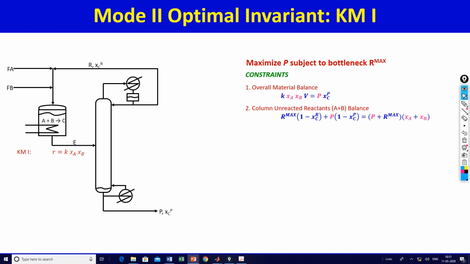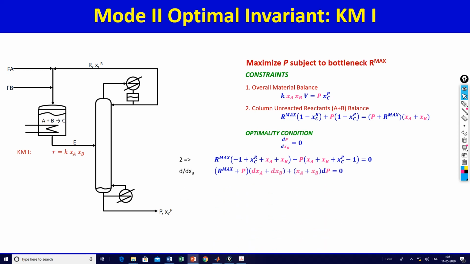So in this case you have P, xA and xB as variables, and we do the same thing as previously, except that here dP/dxB should be equal to 0, the optimality condition. Differentiate constraint 2, the unreacted reactants balance on the column.